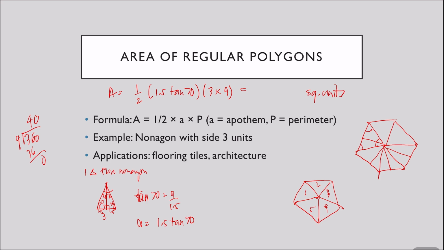So at this point, if you will be using your calculator, you'll get your tangent 70 times 1.5 times 1 half times 27, you'll get the area, 2 decimal places, 55.64 square units. Okay, so that's how you will get your area of regular polygons.